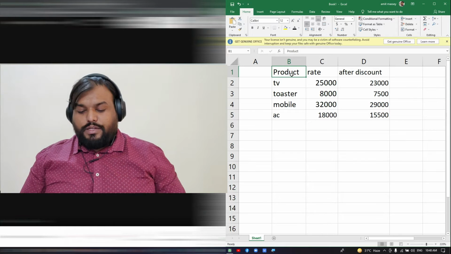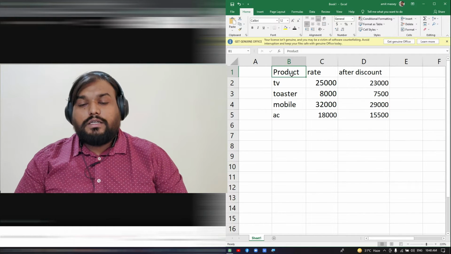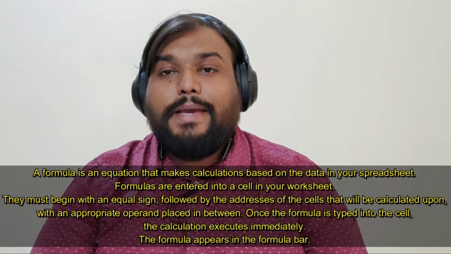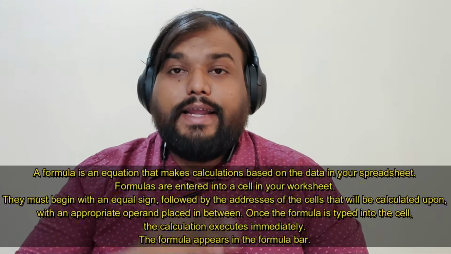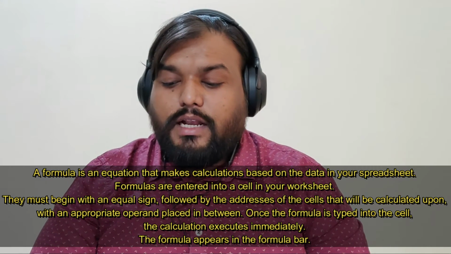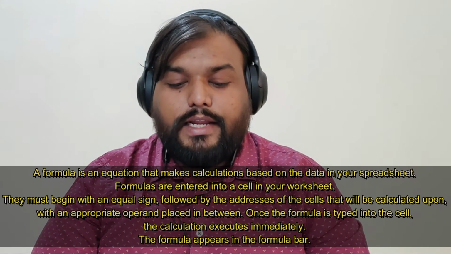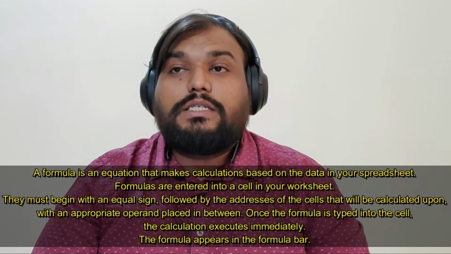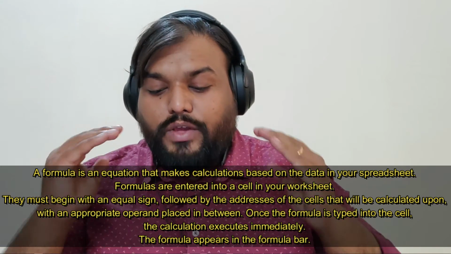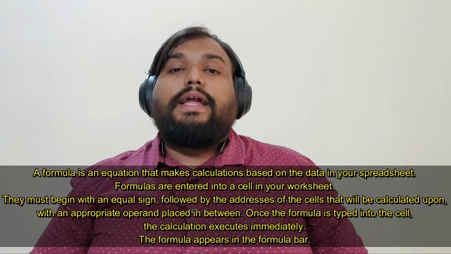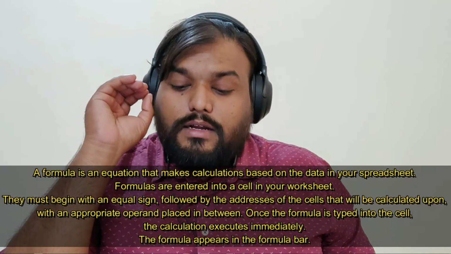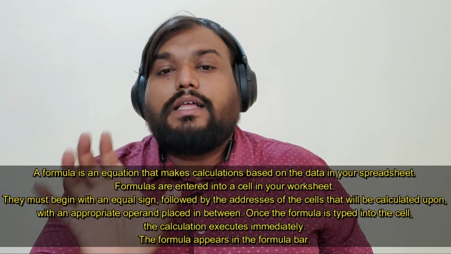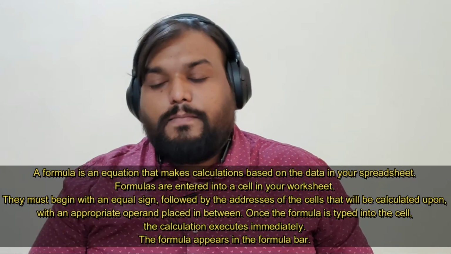Now I have shown you this. Now we come to the part formulas. Formulas in Excel is an expression made up of data values or the cell references of the cell containing data values along with mathematical operators. Now, what do we mean by data values? Data values are the data, the information inside that particular cell.